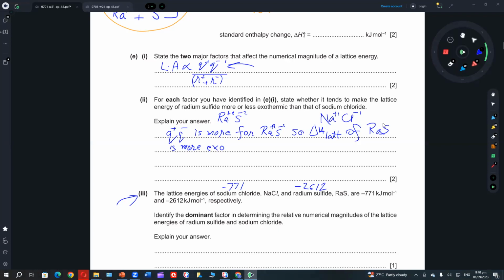Now ionic separation, R plus plus R minus, is inversely proportional. For ionic separation, NaCl will be favored.